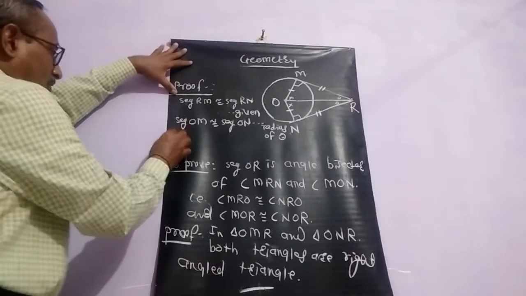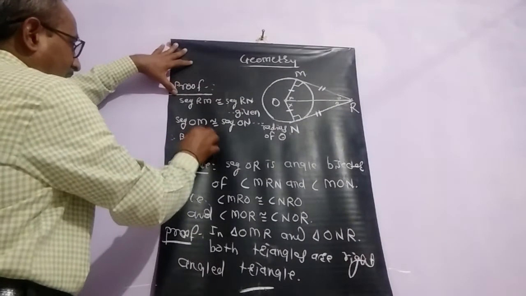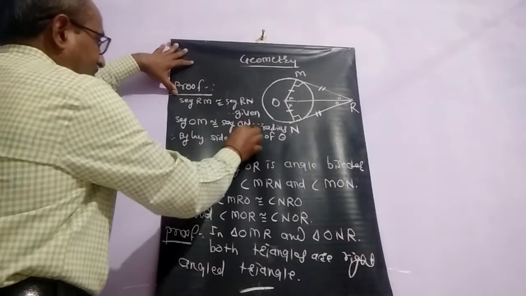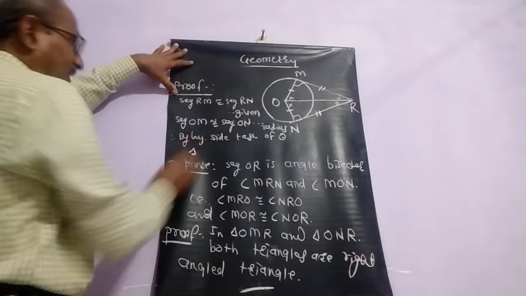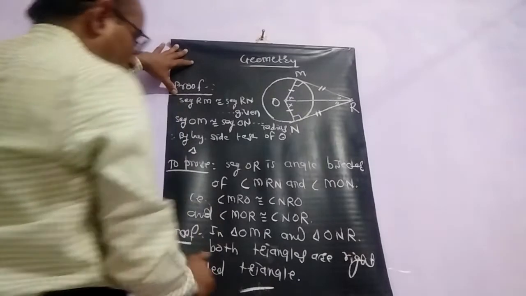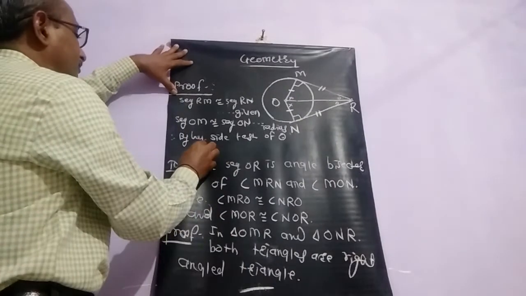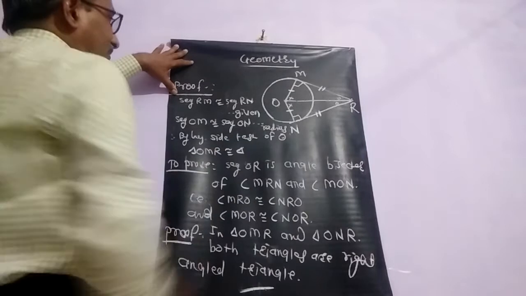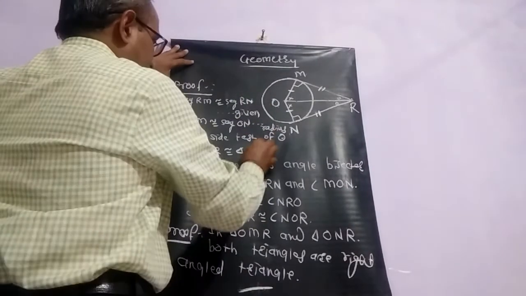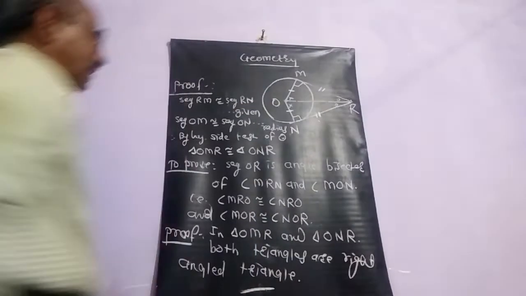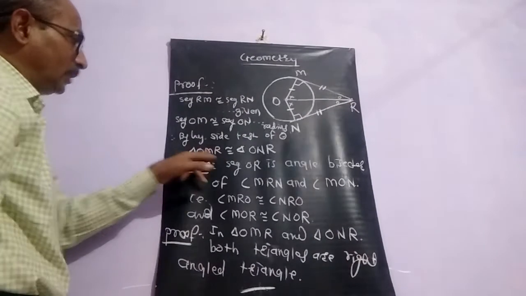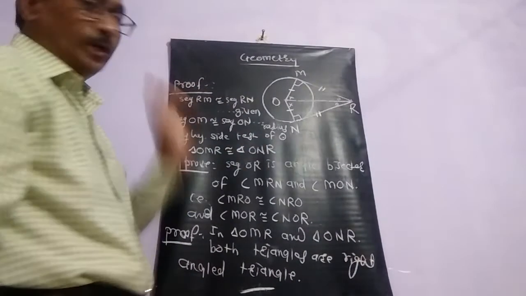So by hypotenuse side test, triangle OMR congruent triangle ONR. So both the triangles here by hypotenuse side test, triangle OMR congruent triangle ONR.